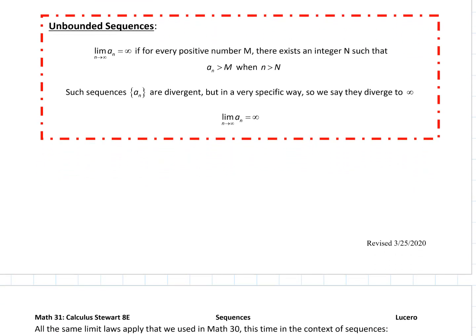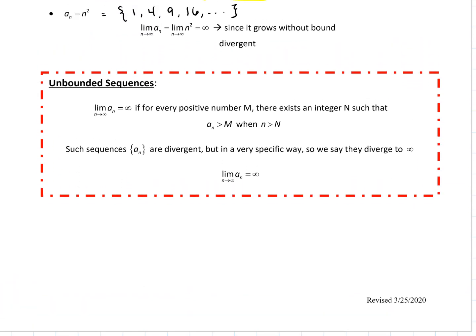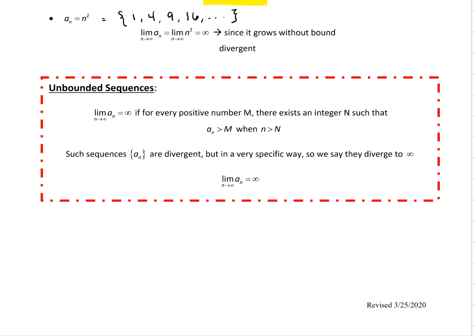That is a specific type of divergence, though. It's an unbounded sequence, meaning it just grows without bound. And so the limit as n approaches infinity of a sub n equals infinity, as long as for every positive number m out there, there exists an integer n so that the terms in the sequence are bigger than m as long as the index of the sequence is greater than n.